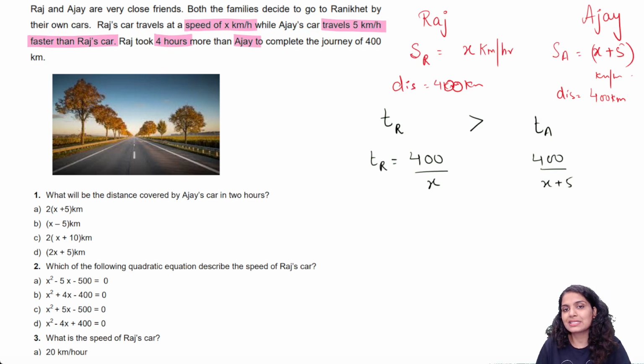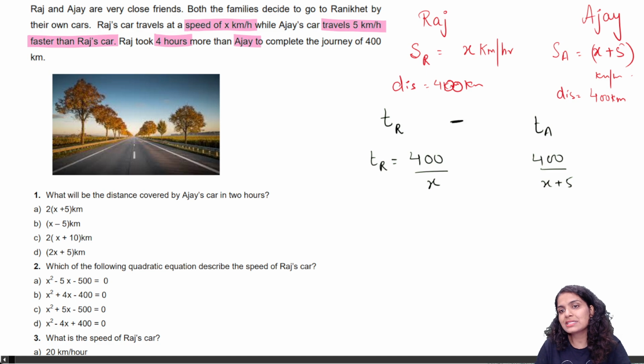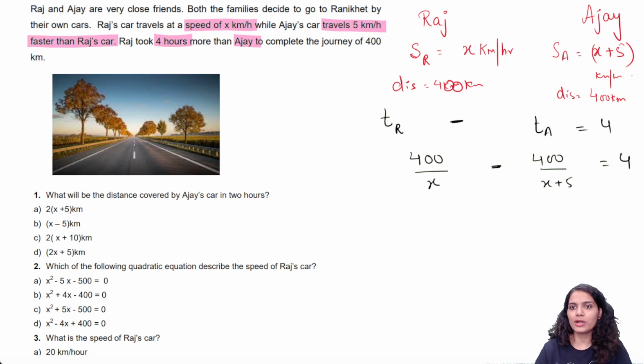Right? So I can say TR minus TA will be 4. So TR minus TA will be 4. Clear?